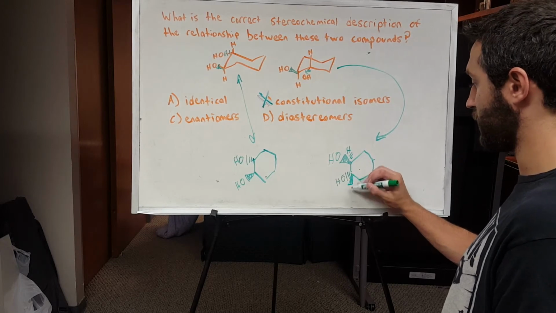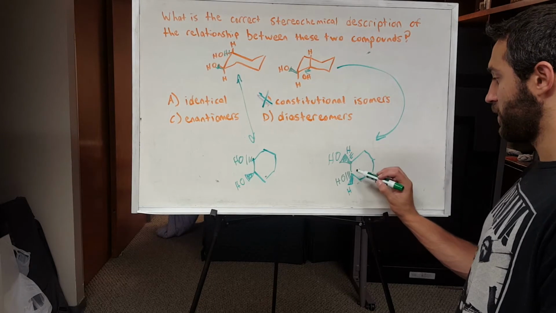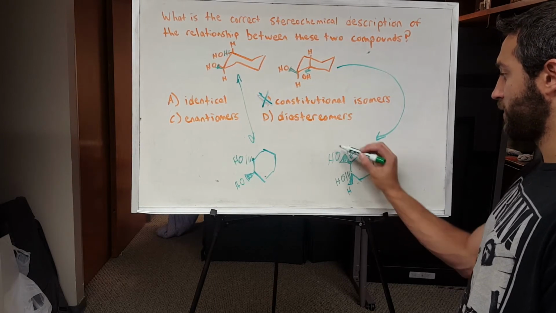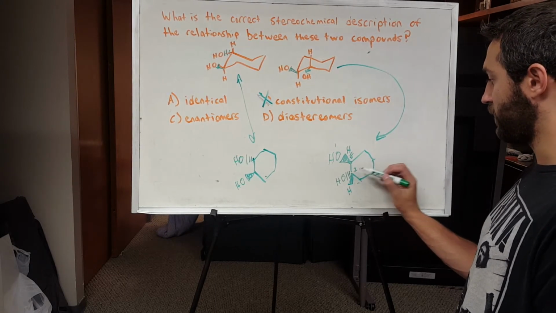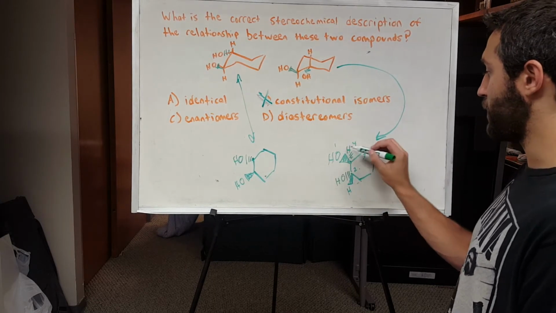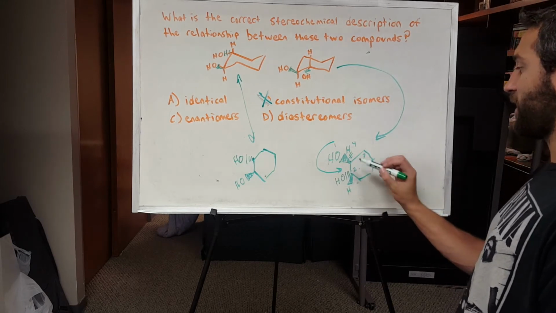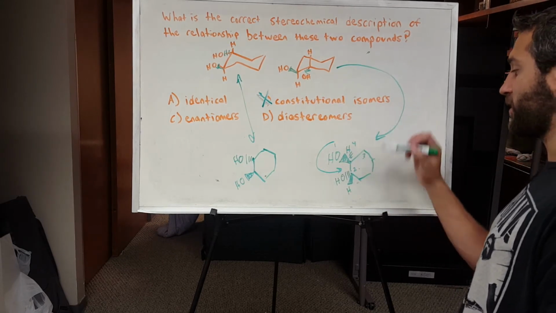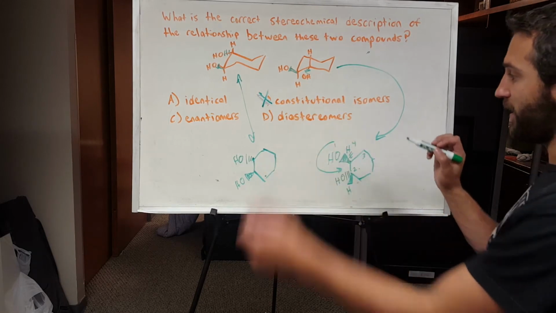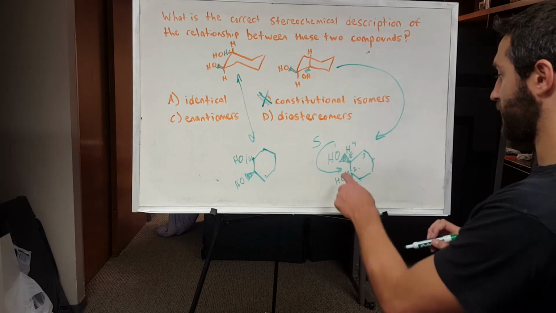Same down here, H is in the back. So let's see, the priorities for this carbon: this is priority 1, this is 2, this is 3, this is 4. 4 is in the back, so we can go around this way and keep it that way because our lowest priority is already in the back. So that is a left-hand turn, which is S. So this guy's S.